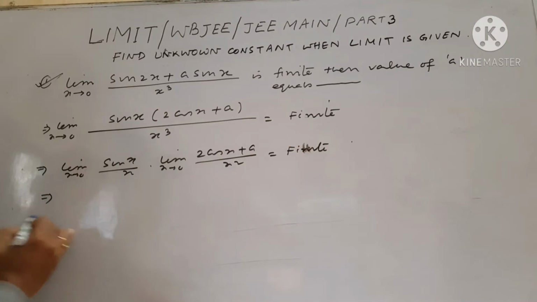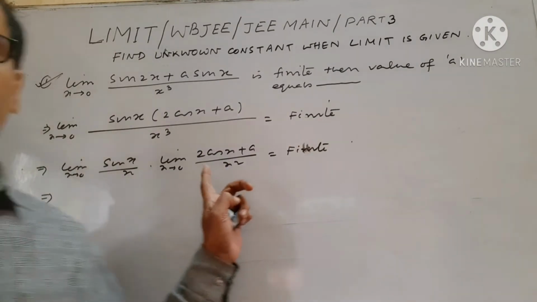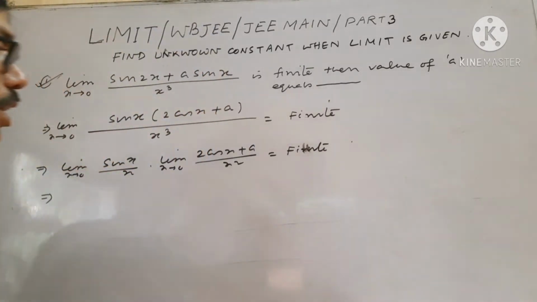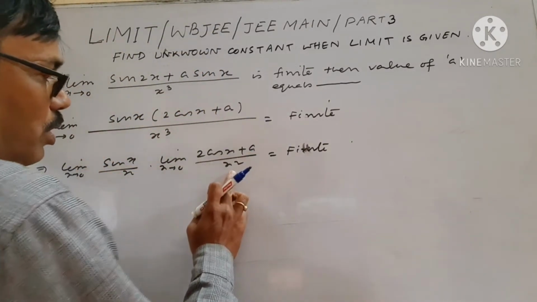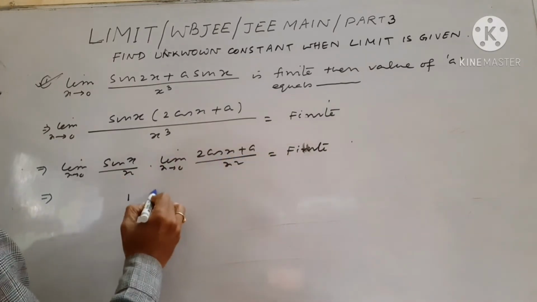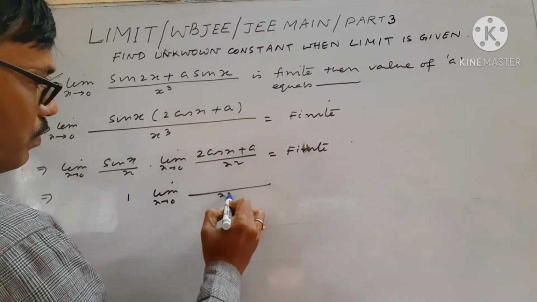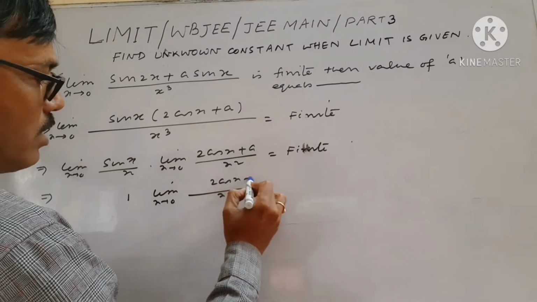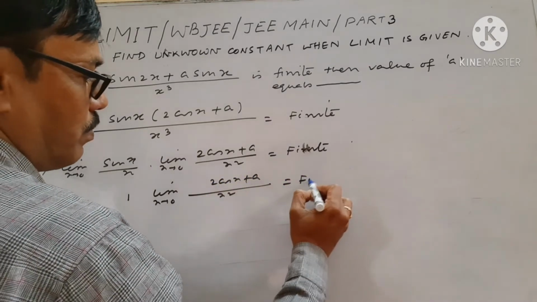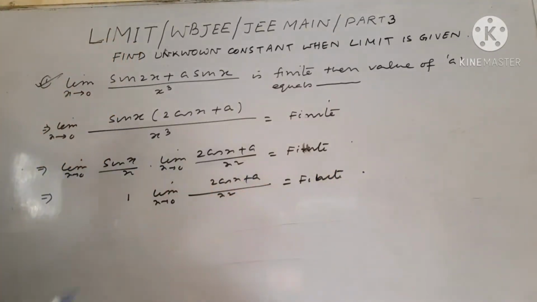Now this one is 1 and this is finite, that is, the limit exists. Now if we put it in the form of 0 by 0: as x tends to 0, cos x tends to 1.